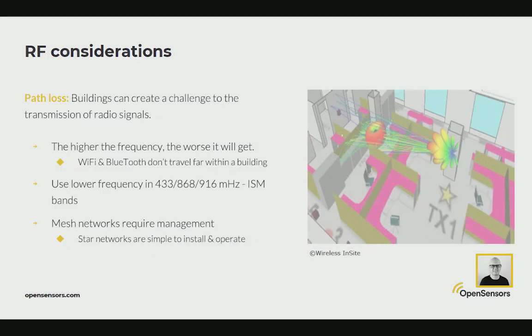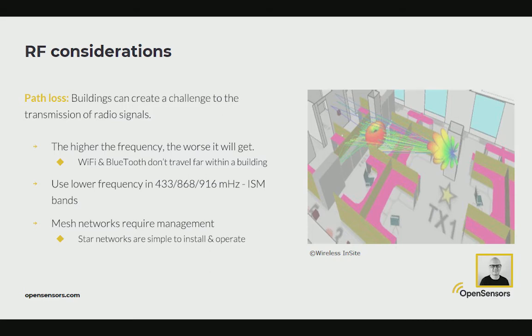One of the main considerations when we're looking at a building is how do we get signals reliably from our sensors to gateways and then onto our product platform. One of the terms you may hear RF people talk about is path loss, and all that simply means is what happens to the signal from a sensor to a gateway, and what obstructions appear between them.